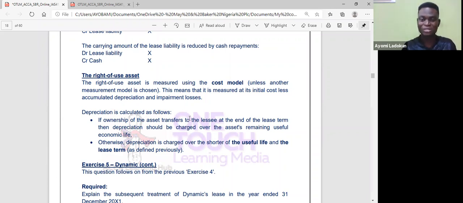So you just assume that once you have the car under a lease arrangement where ownership transfers to you, then depreciate using the economic life.